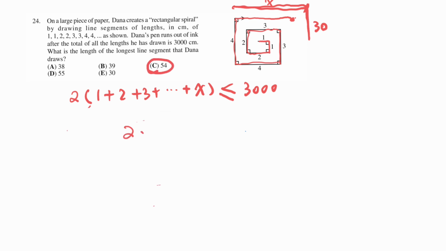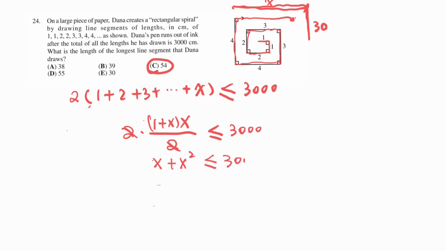So 2 times first number plus last number, times the number of numbers, divided by 2, less than or equal to 3,000. And 1 times x gives us x plus x squared less than or equal to 3,000. Looking at the answers, we can easily figure out 55 squared.